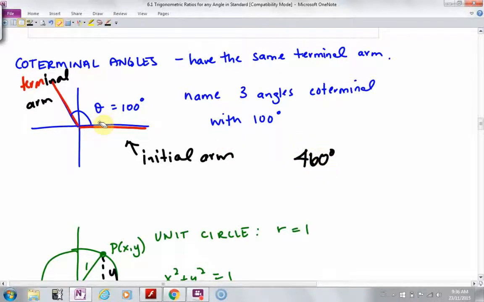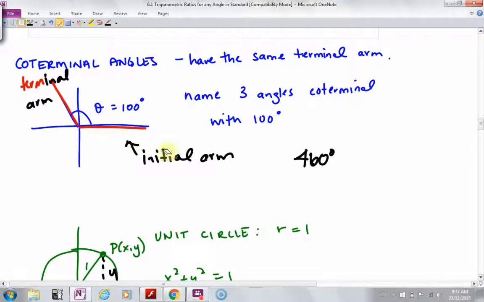Correct. So if we get to here and we go another 360, we're at 460, so that angle is coterminal with 100 degrees. Okay? If they're coterminal, it means that they have the same sine, the same cosine, the same tangent ratio, because they have the same terminal arm in the same quadrant.